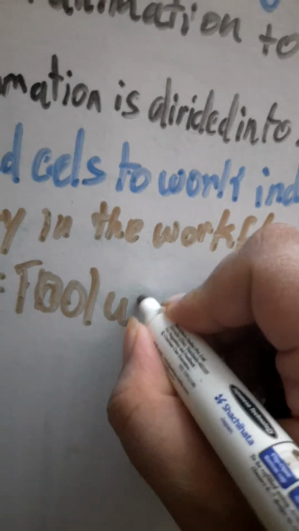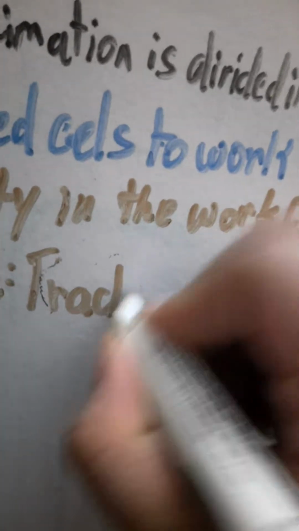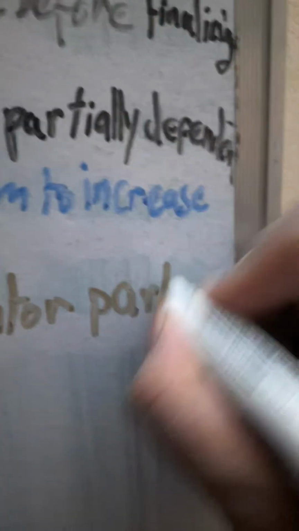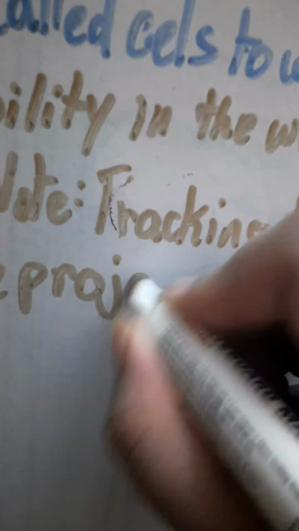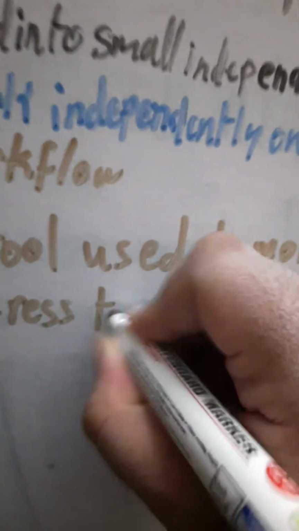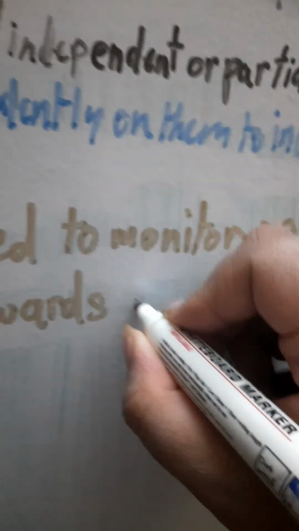So root node is the tool, let's say track, this is actually a tracking tool, used to monitor parts of the project progress towards completion.